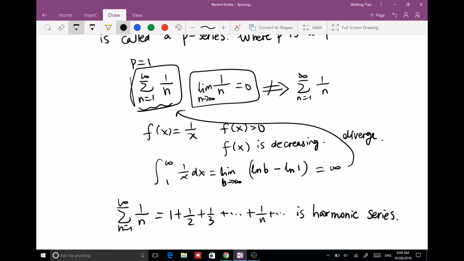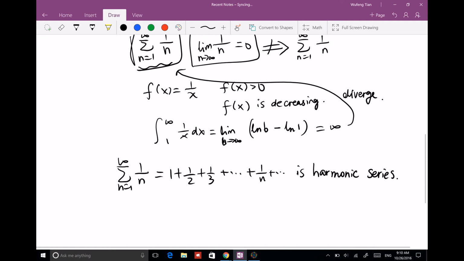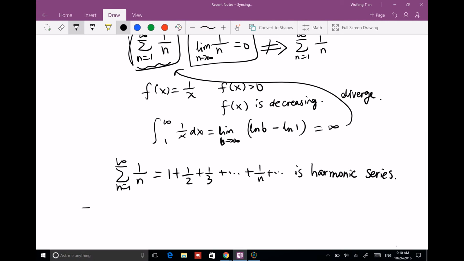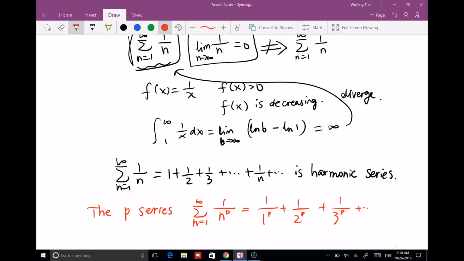Okay, the P series: the sum from n equals 1 to infinity of 1 over n to the power p equals 1 over 1 to the power p plus 1 over 2 to the power p plus 1 over 3 to the power p, and so on, plus 1 over n to the power p, and so on.